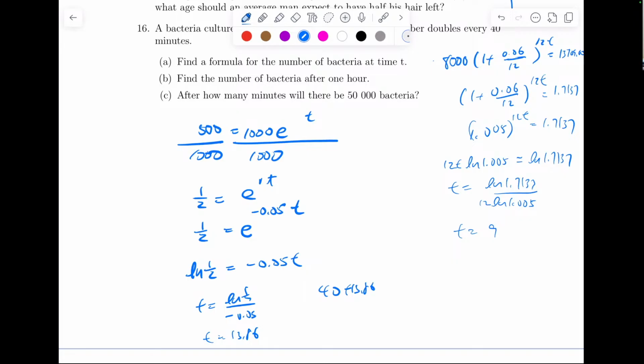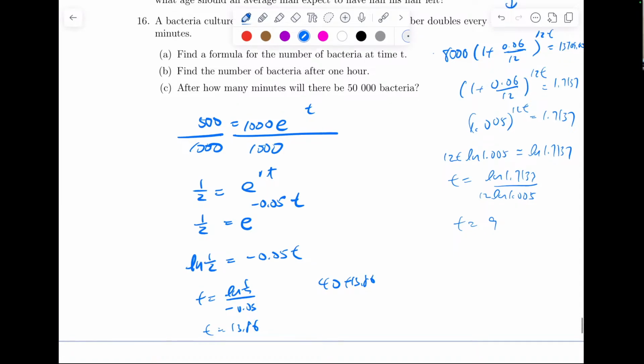So she's saying, instead of doing the whole problem, can't you just do 0.95 raised to the t equals 0.5, or 1/2?